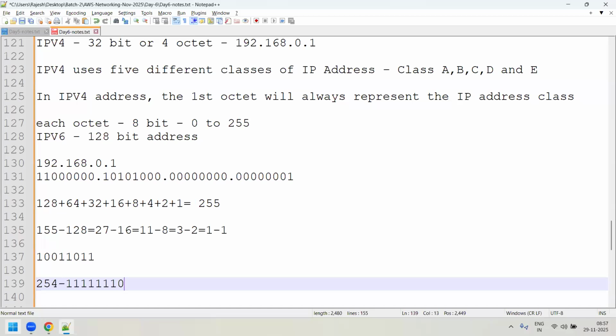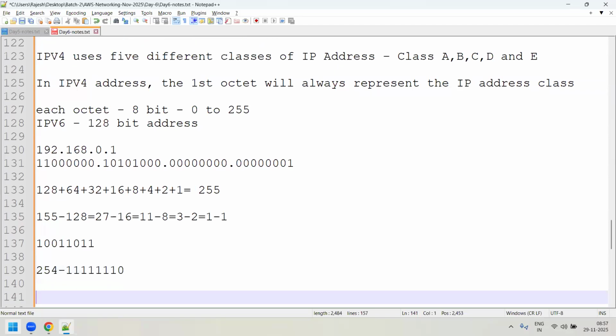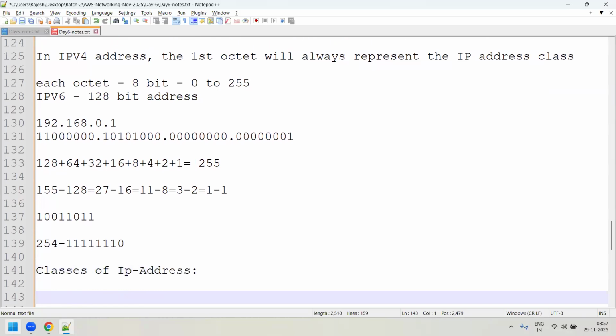Now the thing is that we have classes of IP addresses. As I said, we have class A, class B, class C. We know the classes of IP addresses. Now, if you see class A, the range is from 1 to 126 if you see the table.